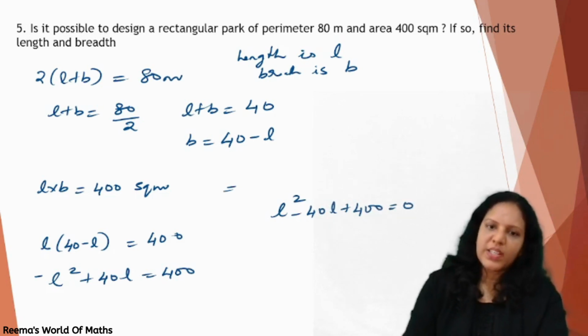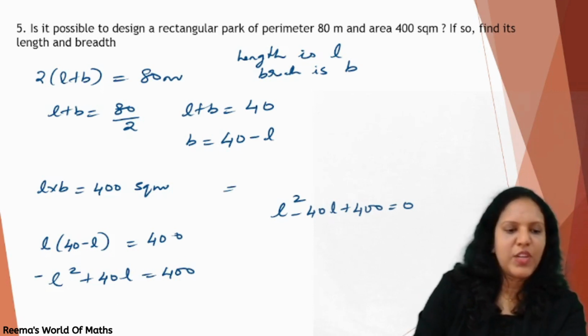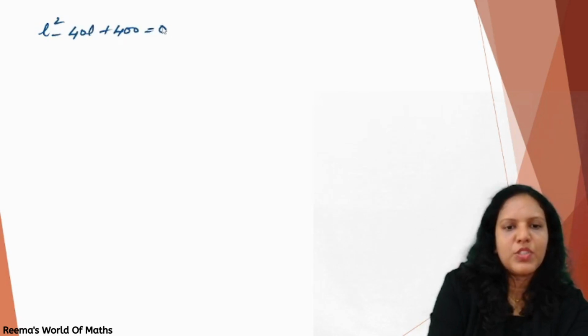Now we got a quadratic equation. Now let's find the value of the discriminant for L squared minus 40L plus 400 equals to 0.